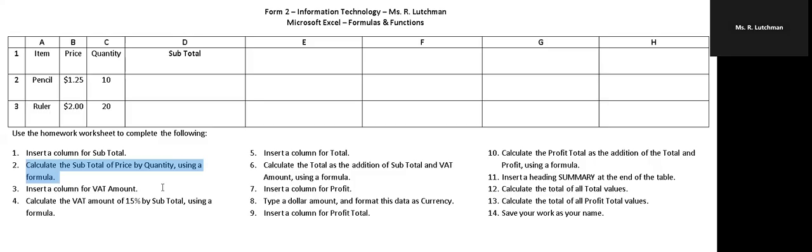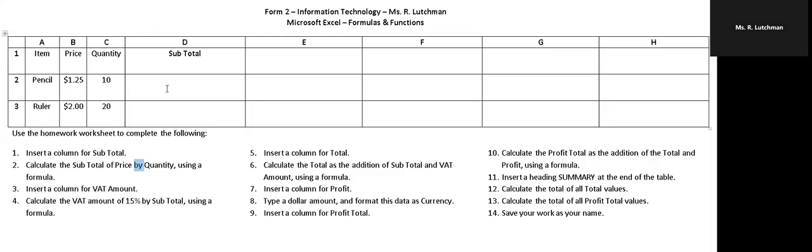Now, if you remember a formula, equal sign, cell address, mathematical operator, cell address. So I need to type equal, but what? We need to figure out the cell address. We need to figure out the mathematical operator. Okay, in this question, is there a clue as to what the mathematical operator could be? Well, there's this word here, by. By usually indicates that we have to multiply.